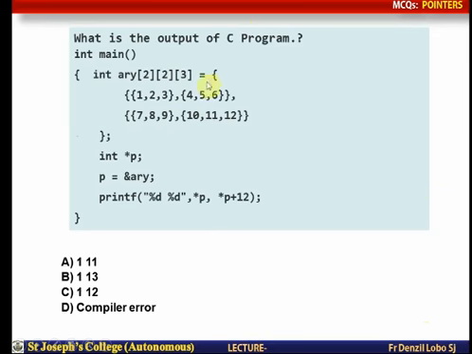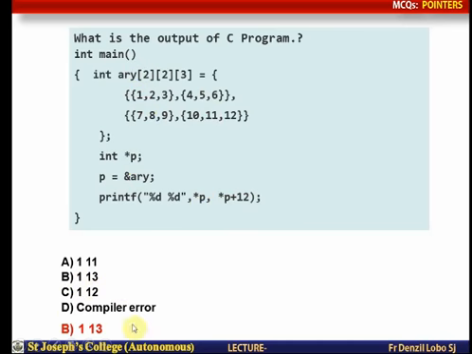Similarly, one more question here. What is the value here? P, you are initializing the address of P, and all these will be arranged in sequential order. That is very important. Therefore, what is the value of *P and what is the value of *P plus 12? Please note, *P plus 12. Is it 111, 113, 112 or compiler error?